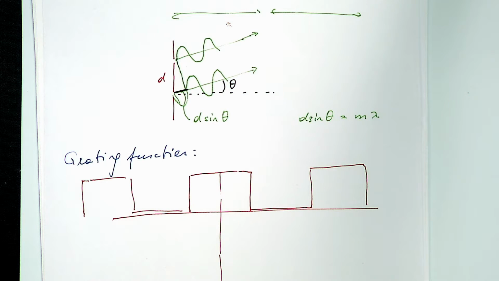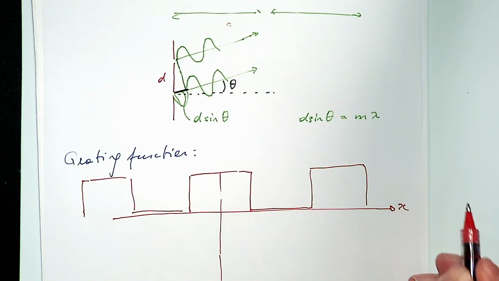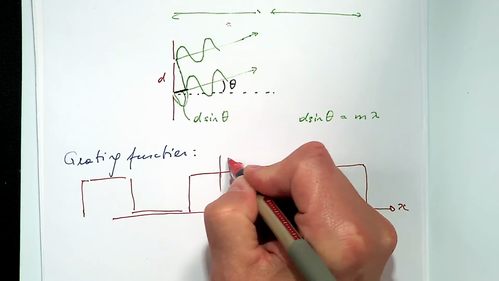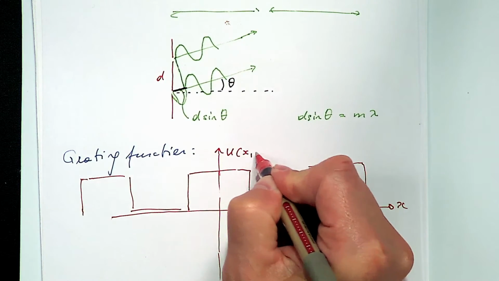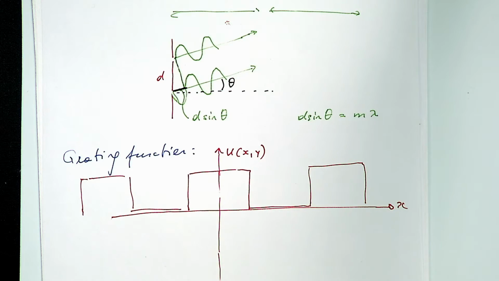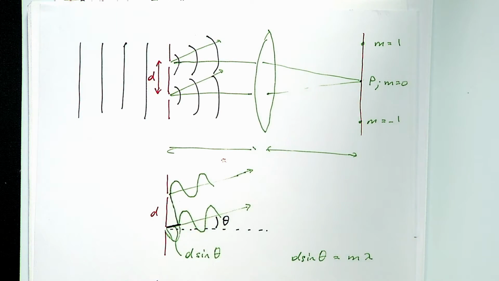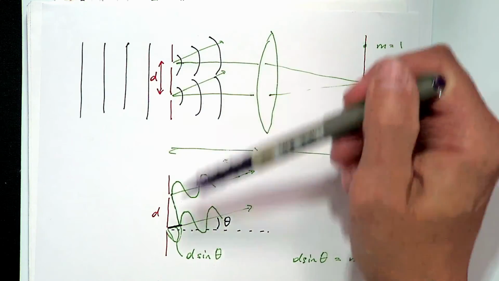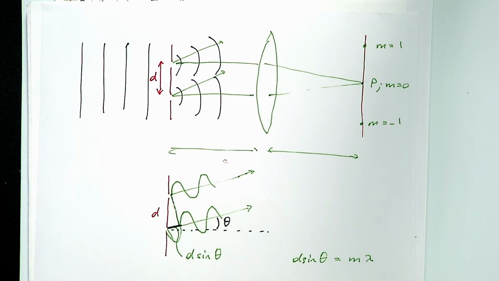So this is in x, and this is the field here in the object plane. All the phases are coherent because we're illuminating with plane waves. Just to say that again, from here to here corresponds to one period of the grating.